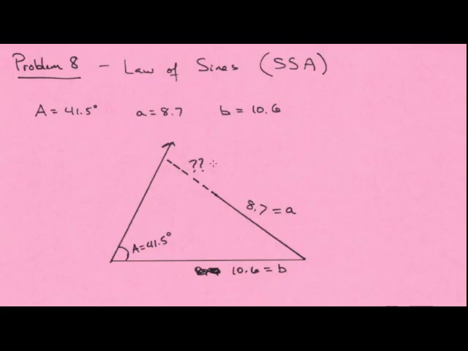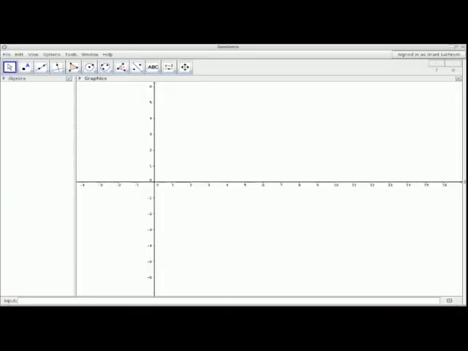Okay, to see geometrically whether this will be a triangle, let's again go over to GeoGebra. Alright, so let's go back to GeoGebra again and see how many solutions we're going to have to this particular triangle.